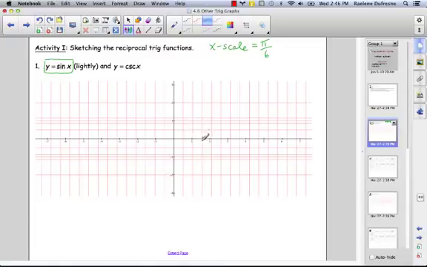And I'm just going to put a tick mark for the quadrantal angles so that it doesn't get too crowded. So 6 pi by 6 is pi, a little bit more than 3. 1, 2, 3, we have 3 pi by 2, and we have 2 pi, just a little bit past 6. And going back 3 spaces is negative pi by 2, back 3 more is negative pi, back 3 more is negative 3 pi by 2, and back 3 more still is negative 2 pi.